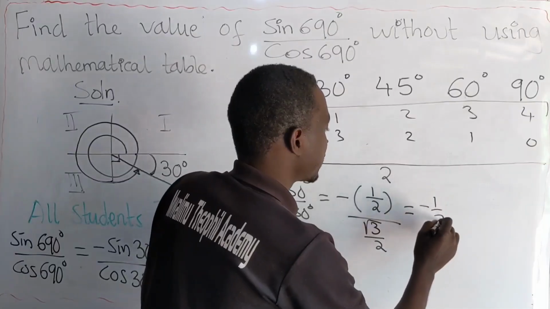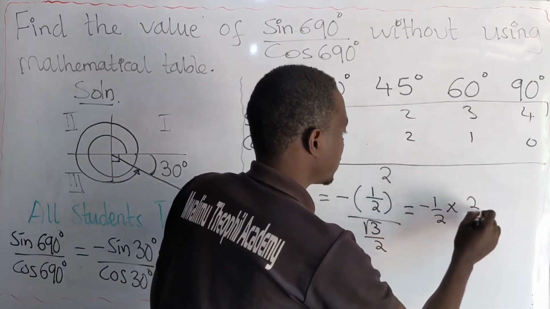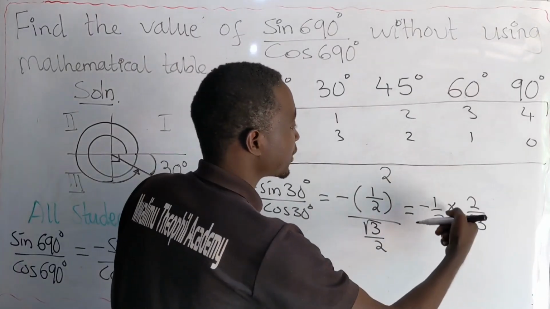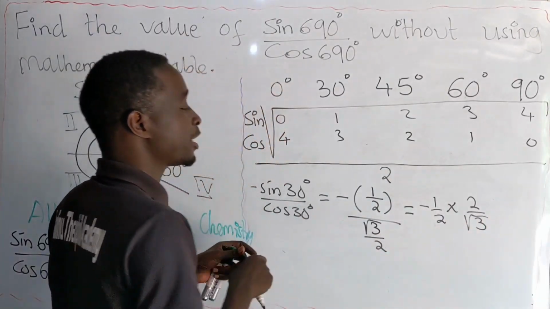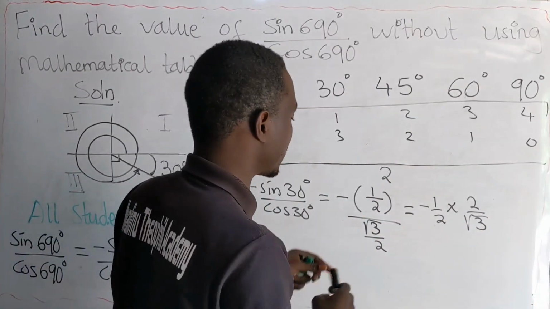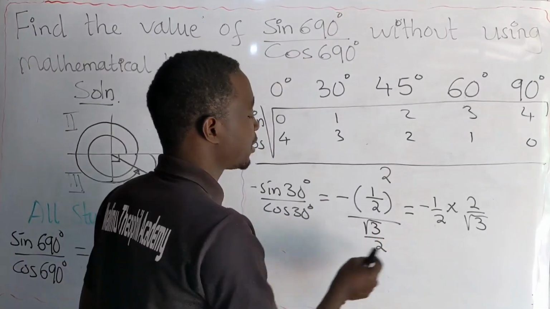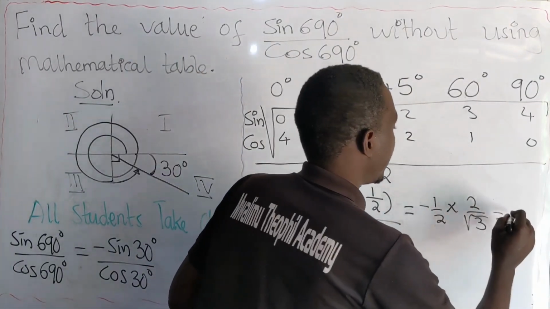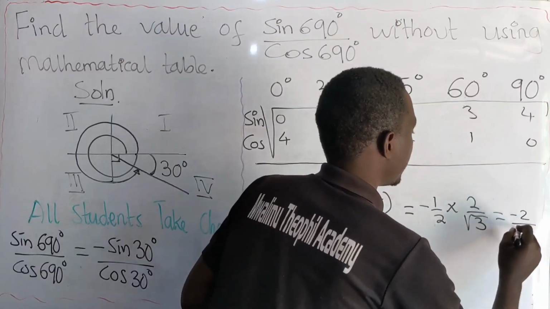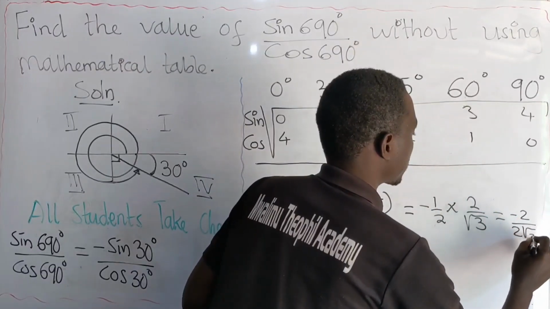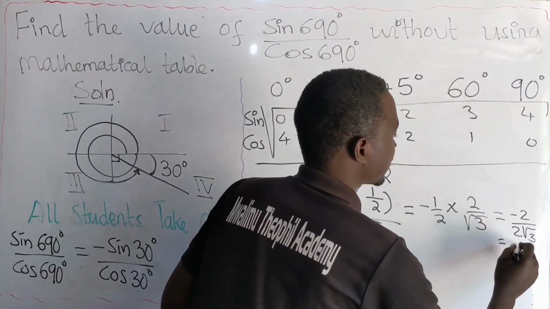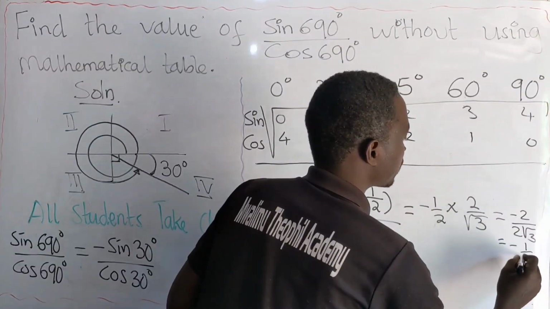This will be equal to negative a half times 2 divided by the square root of 3, as division becomes multiplication and you reciprocate: the numerator becomes the denominator and the denominator becomes the numerator in that divisor. This will give us negative 2 divided by 2 times the square root of 3. 2 and 2 cancel out. So we're going to have negative 1 divided by the square root of 3.